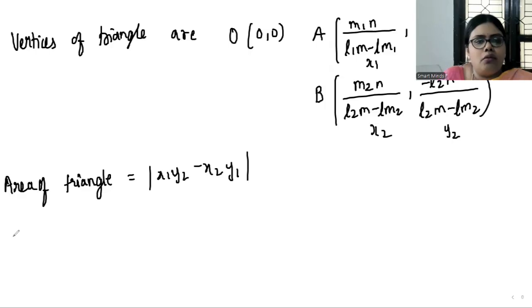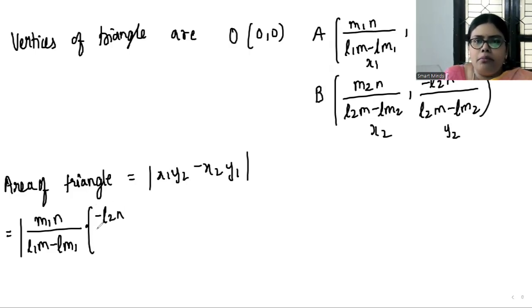Understood? Now you see how I am simplifying. That is equal to mod. Now in the place of x1, we will write M1N by L1M minus LM1 into what is y2? Minus L2N by L2M minus LM2, minus, what is x2?